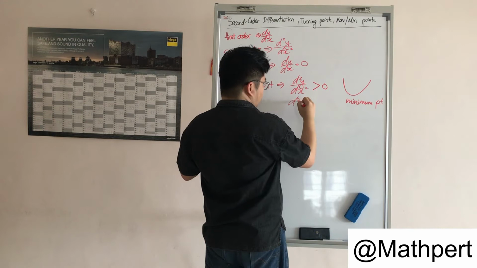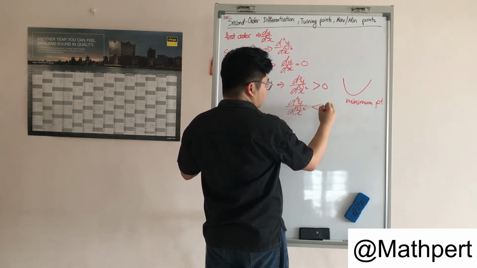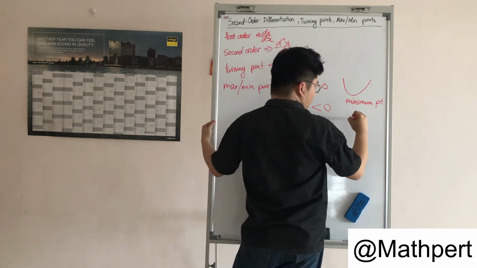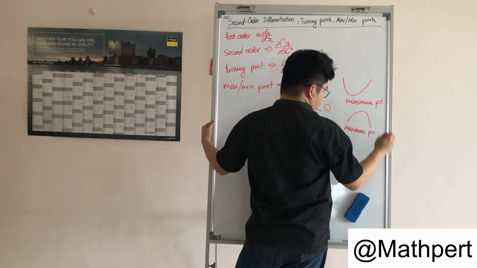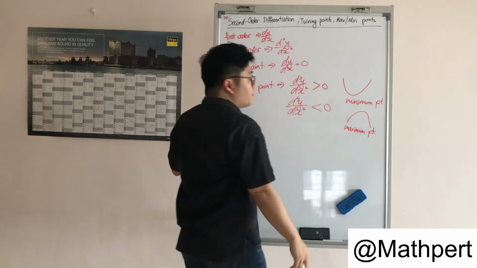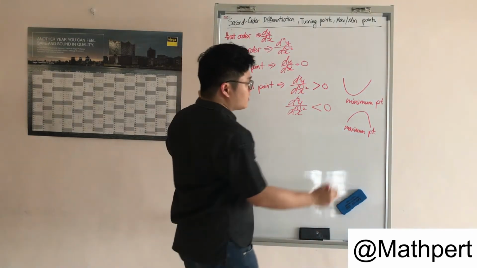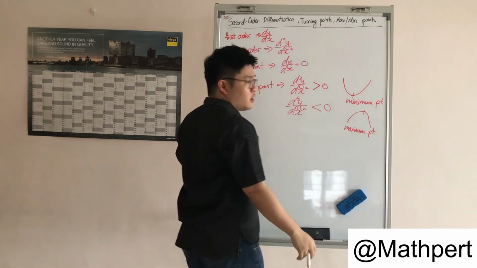When d square y over dx square is smaller than 0, it is a maximum point.